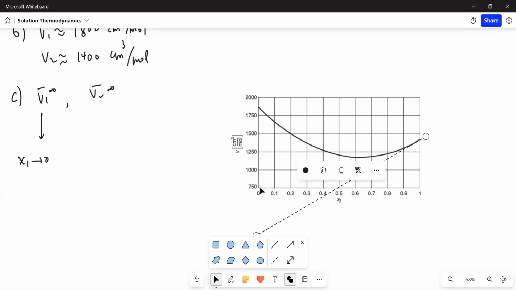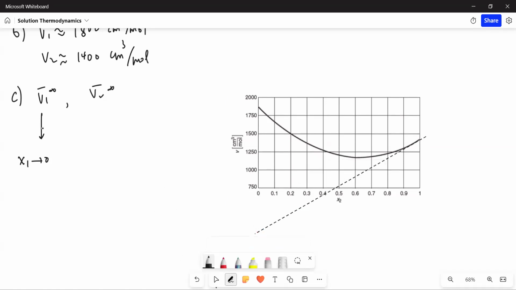Hmm, 750. So this is about 500 to 250. Let me just check something. So that's approximately 250. So V1 bar infinite is approximately 250 cm cube per mole.